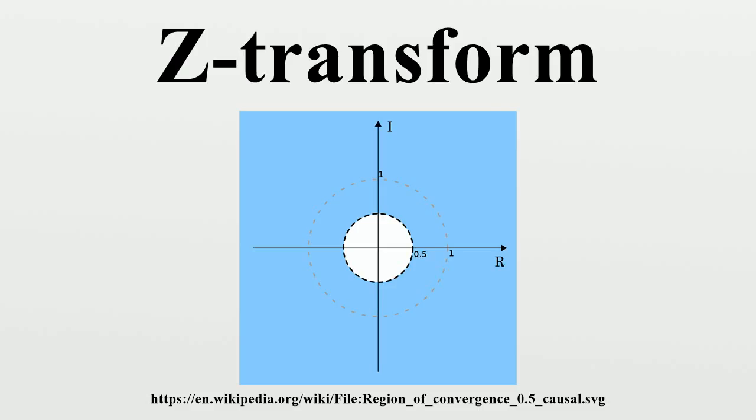While this mapping is nonlinear, it is useful in that it maps the entire jω axis of the s-plane onto the unit circle in the z-plane. As such, the Fourier transform becomes the discrete-time Fourier transform. This assumes that the Fourier transform exists, i.e., that the jω axis is in the region of convergence of the Laplace transform.